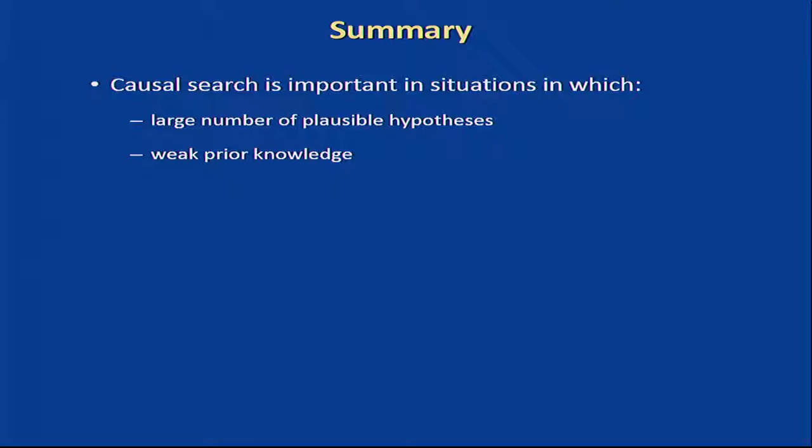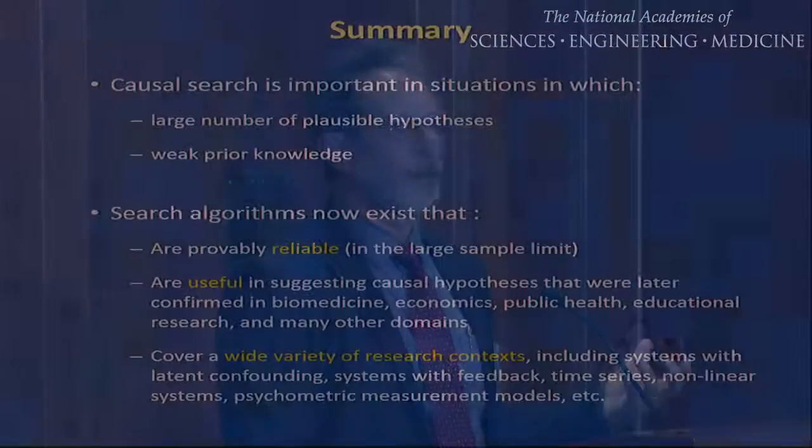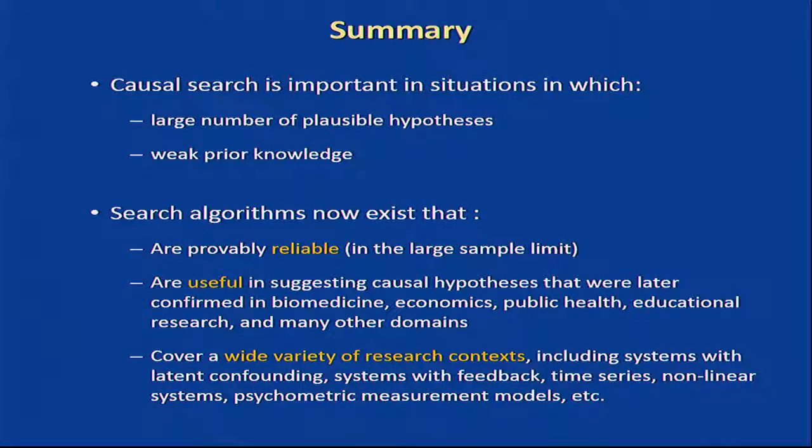So in summary, I think causal search is extremely important to actually study and improve in situations in which there's a large number of plausible hypotheses. We have weak prior knowledge, and the idea of actually estimating or testing or experimenting on particular pathways or particular hypotheses would be impossibly slow and long.